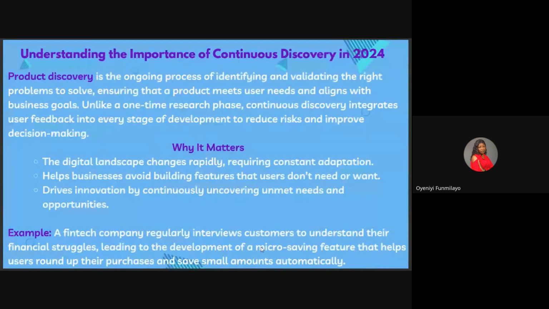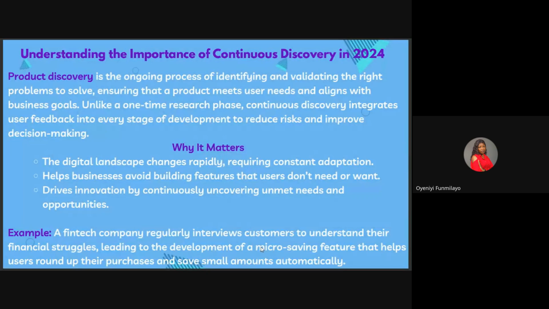So what's an example for this? I like to drop an example after everything I say so that you can relate to whatever I am saying. So I said a fintech company regularly interviews customers to understand their financial struggles, leading to the development of a micro saving feature that helps users round up their purchases and save small amounts automatically.